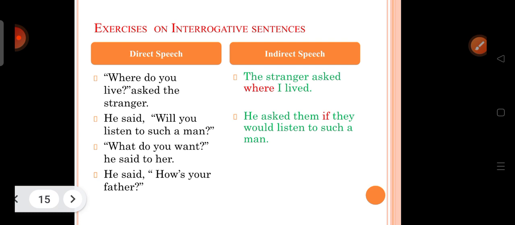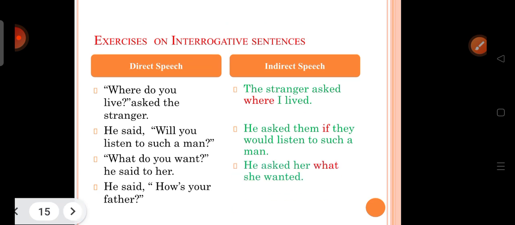"What do you want?" he said to her. He asked her what she wanted. And he said, "How is your father?" He asked how her father was, or how his father was, because we don't know the gender, whether it's a male person or female person who is being questioned. So we are using his or her.